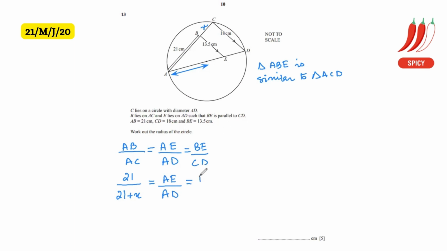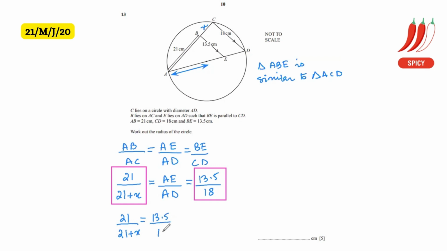BE is 13.5 and CD is 18. So if we use this fraction and this fraction, we can easily find the value of X. So let's put 21 over 21 plus X equal to 13.5 over 18. Cross multiply.